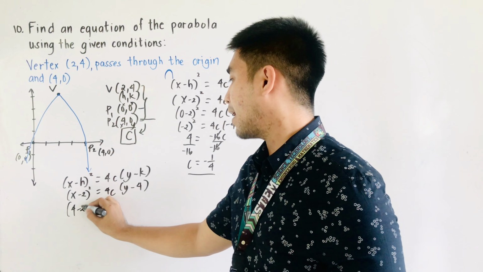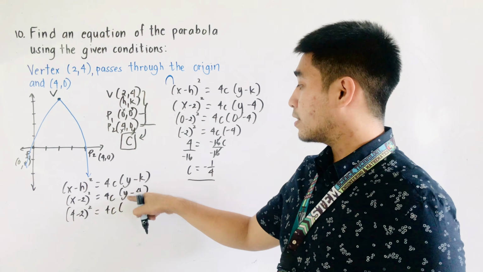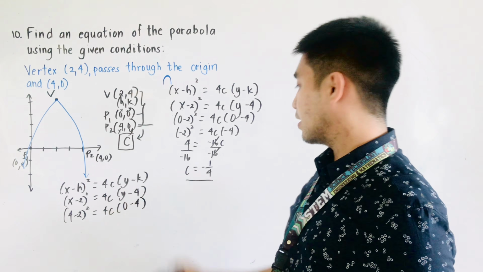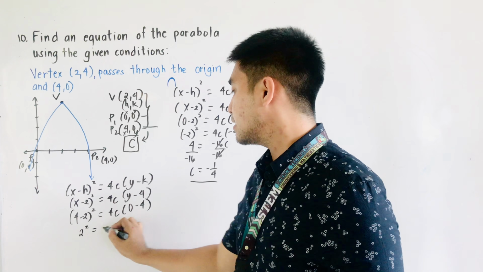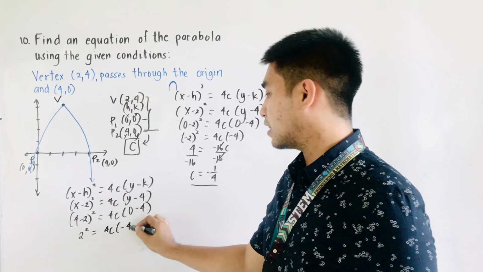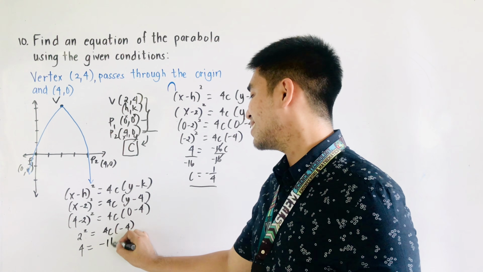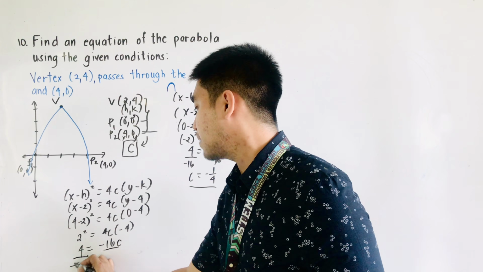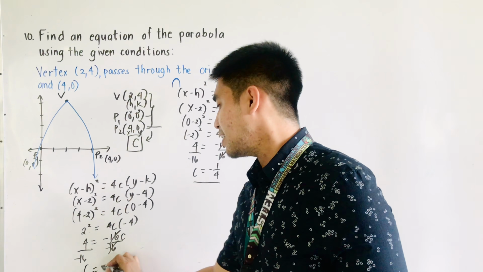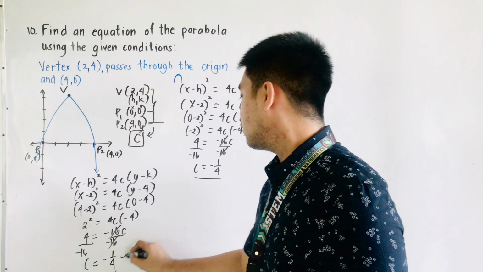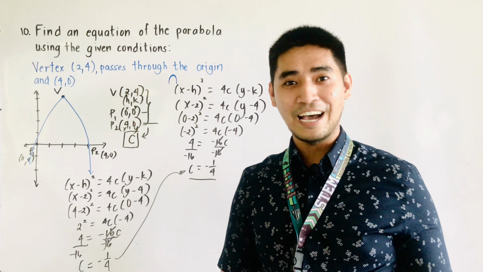So (4 minus 2) squared is equal to 4c times (0 minus 4). 4 minus 2 is 2, squared is 4. 4c times negative 4 is negative 16c. Divide both sides by negative 16. Therefore, our c is really negative 1/4. And it becomes negative because our parabola is opening downward.